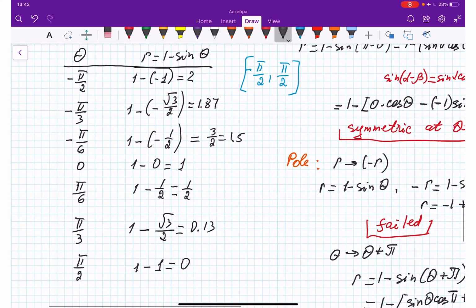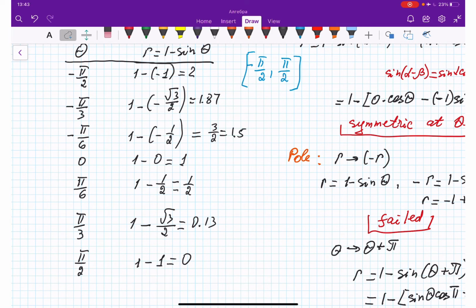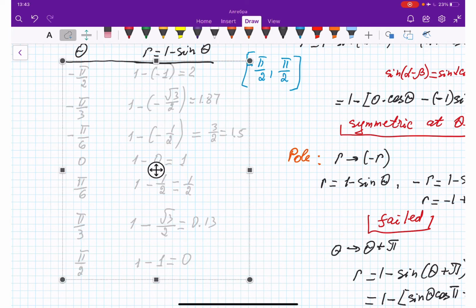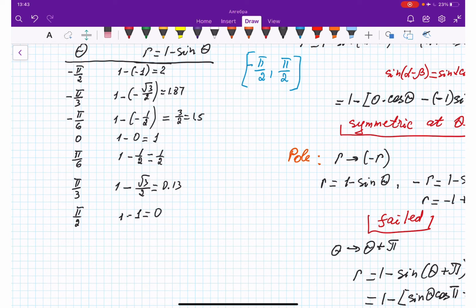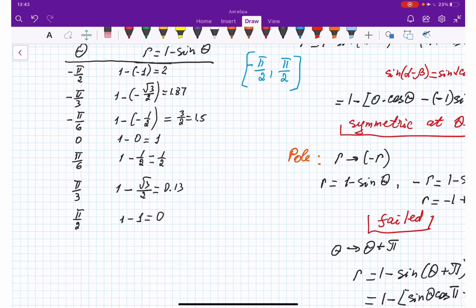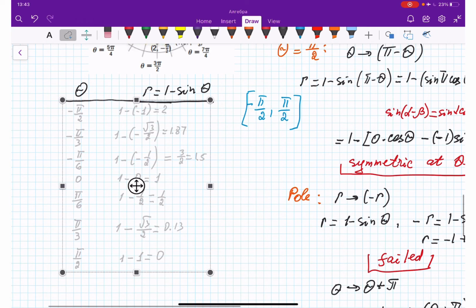Now, let me kind of make it more compact so it would be better to use. There we go. And this one also.